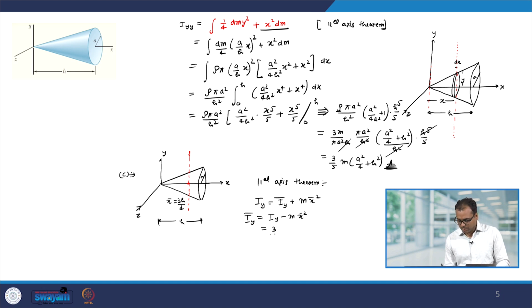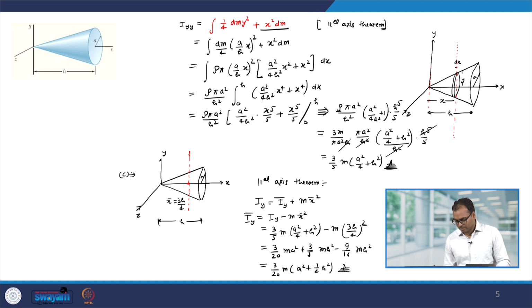Let us put the value: it is 3 by 5 m into a square divided by 4 plus h square, minus m times x bar, which is 3 h divided by 4, whole square. So, that comes out to be 3 by 20 m a square plus 3 by 5 m h square minus 9 by 16 m h square, and this we can write as 3 by 20 m into a square plus 1 by 4 h square. Okay. So, this is the answer.